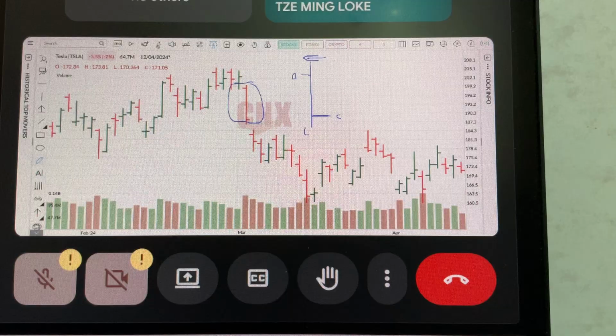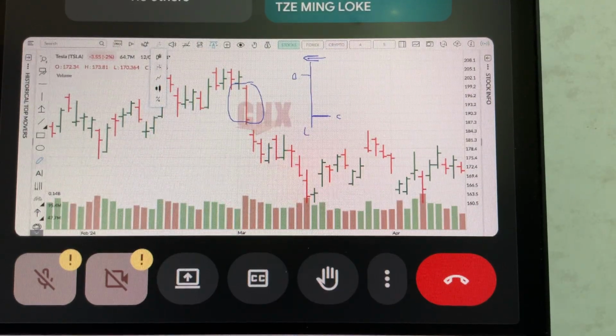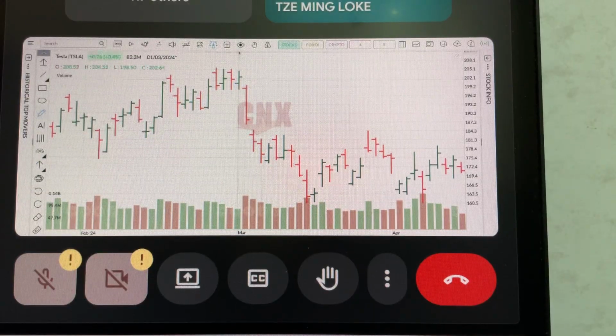It's called a line chart. If you focus on that chart, what you can see is the simplest chart is this.